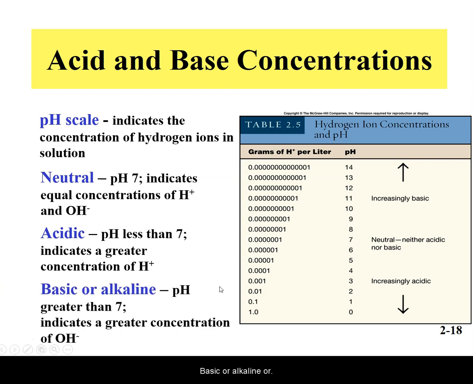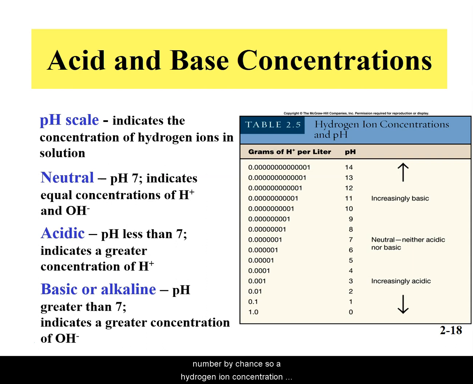Basic or alkaline has a pH greater than 7, which indicates there's a higher concentration of hydroxyl ions as compared to hydrogen ions. And the concentration of hydrogen ions in solution is expressed using this pH scale. It's based on a logarithmic number by tens.